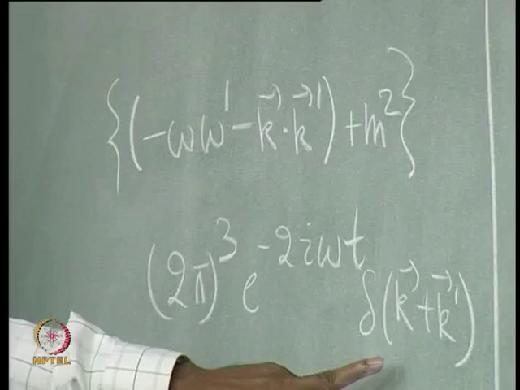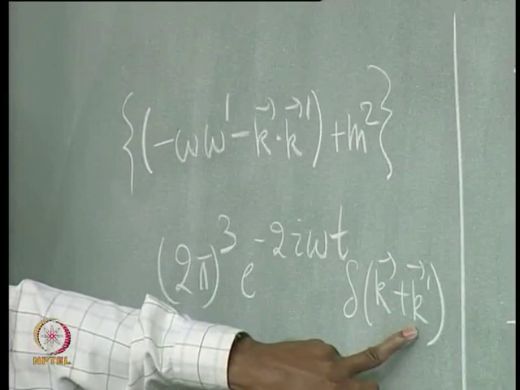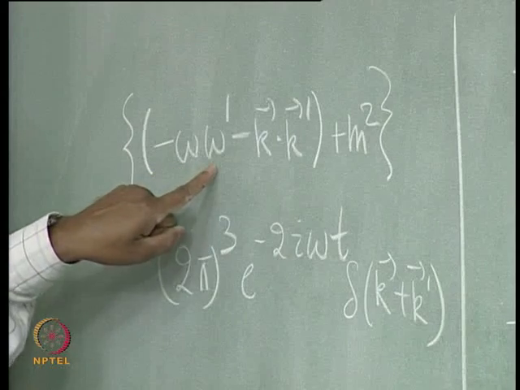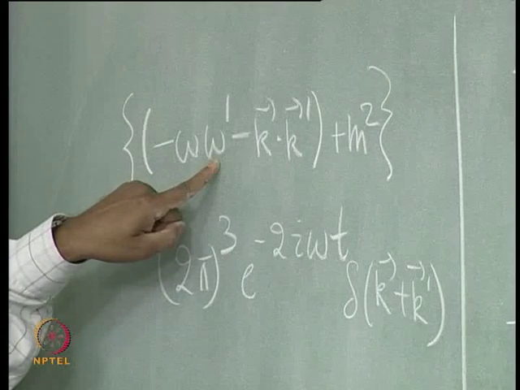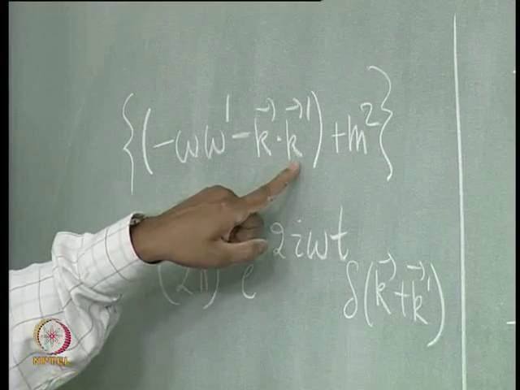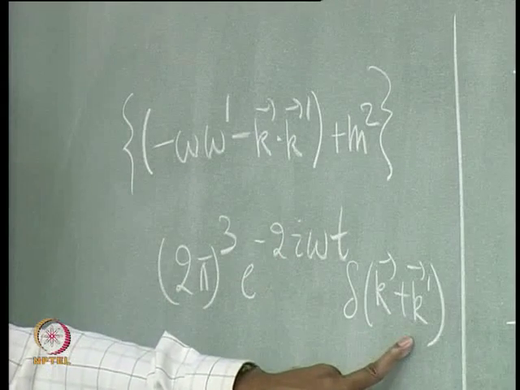Now, you again use the fact that delta k plus k prime is multiplied to this whole term. So, for omega prime you write omega, but for k prime you write minus k because there is a plus sign here. Okay.